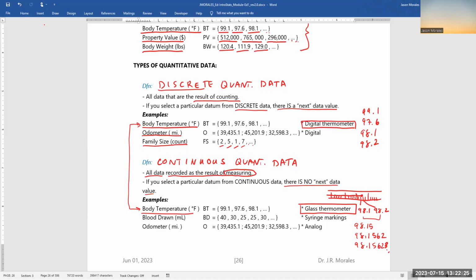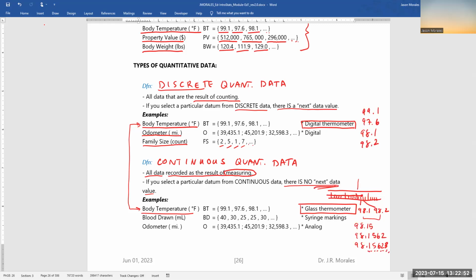So this glass thermometer, this kind of analog thermometer, doesn't measure as accurately. Therefore, there is no next data value between 98.1 and 98.2. There's an infinite number of decimal points of accuracy between those two.